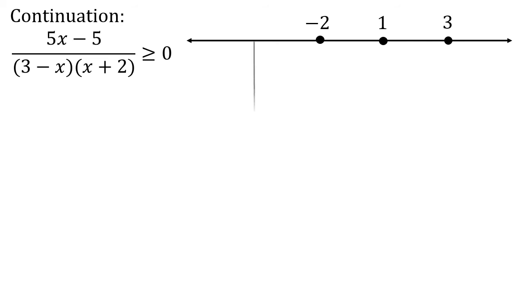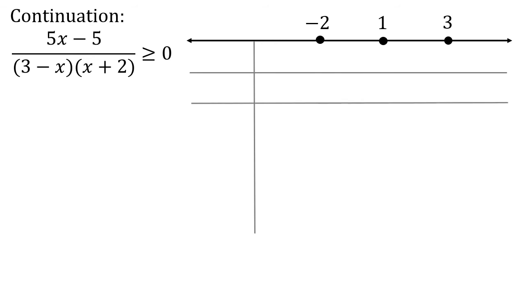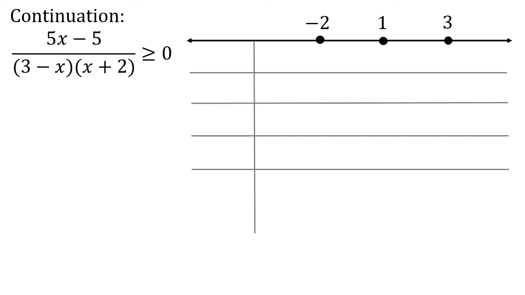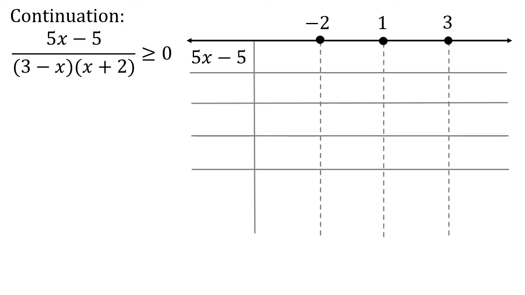So we're going to have more. So make a line here. So 1, 2, 3, 3 lines. And then another line. So 4. And then broken line from our critical numbers. So we have x, our 5x minus 5, 3 minus x, x plus 2. And then we're going to get the product of 3 minus x and x plus 2.